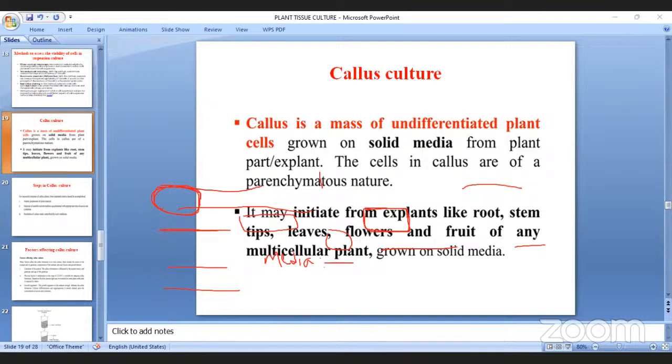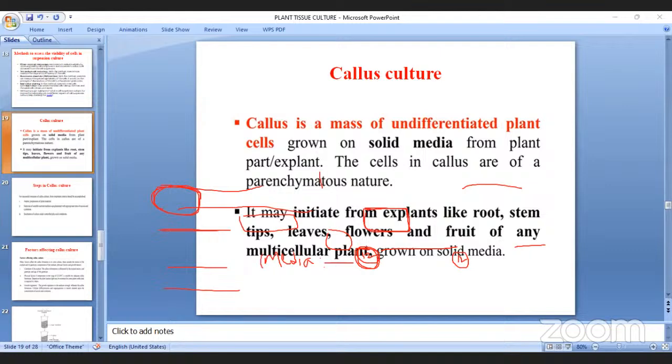Anyway, using light and dark, 12 hours. If it is a light dependent species, the light is utilized for 12 hours. Or if it is a dark related species, the dark is utilized for 12 hours. So these are physical factors.